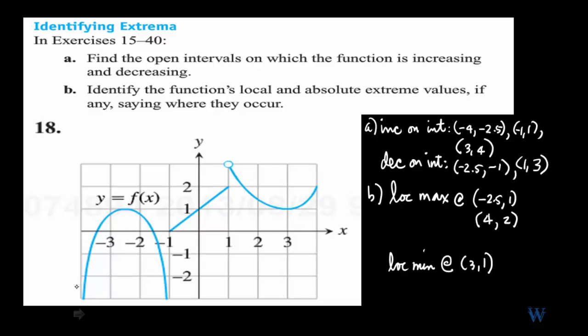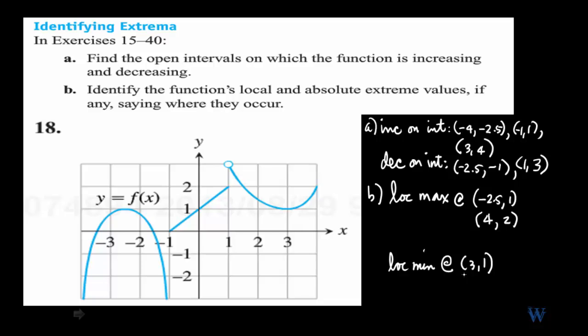And then, is there an absolute max? No, because look, that goes up there, but the problem is it's not a covered point. So that point does not belong to the graph. And since this is going down indefinitely, see how the curve is going to go down indefinitely, there's no absolute min either.